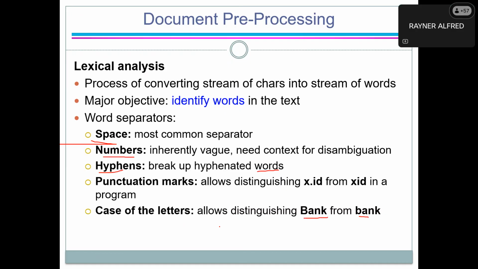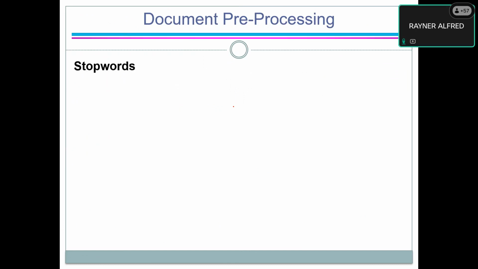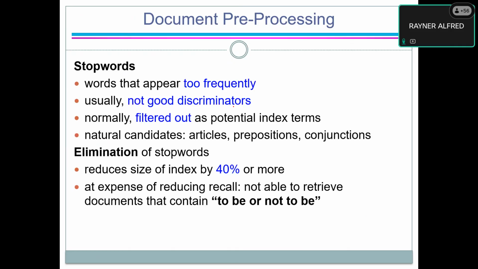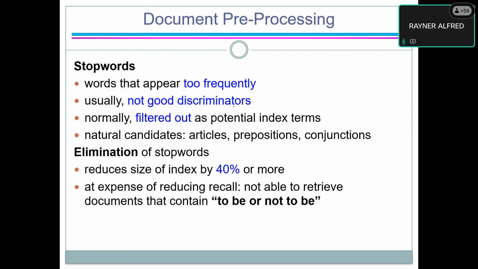Okay, so when we have identified the words, the next step is to know which ones can be eliminated. We want to identify which ones are stop words so that we can remove them.